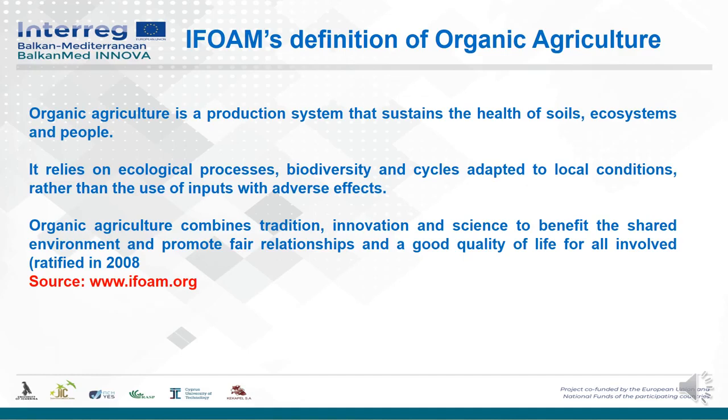Organic agriculture combines tradition, innovation, and science to benefit the shared environment and promote fair relationships and a good quality of life for all involved. I mean, for all the involved parties in this.